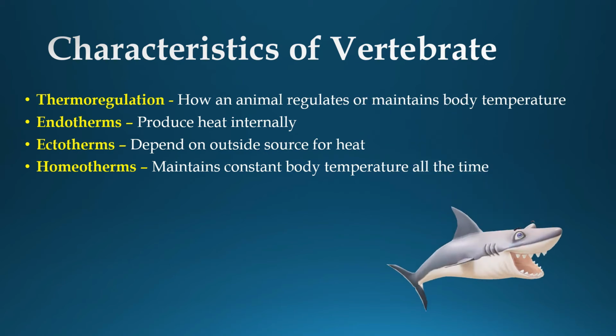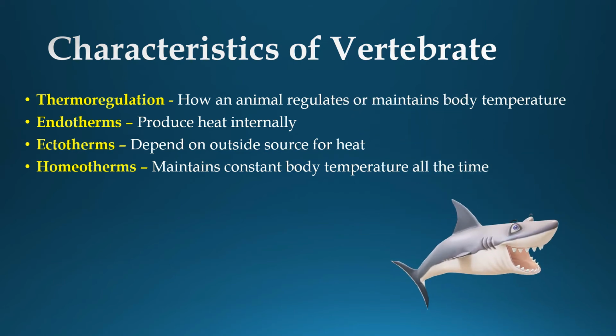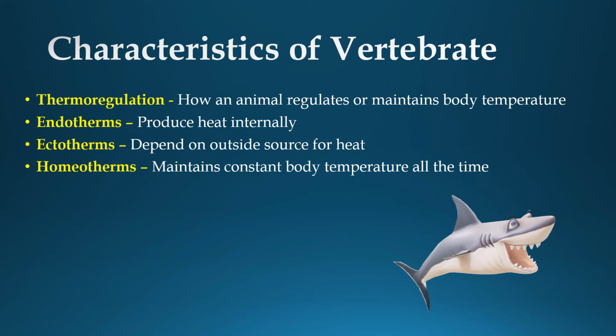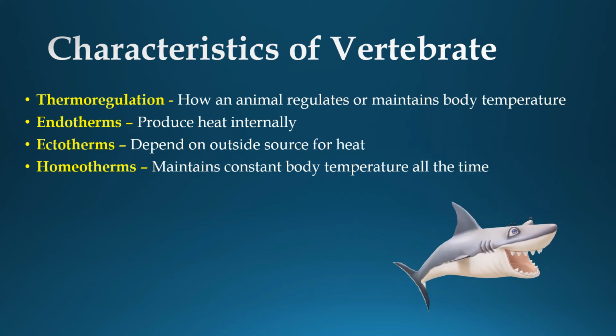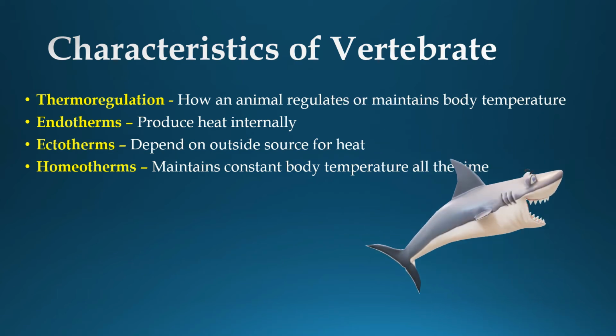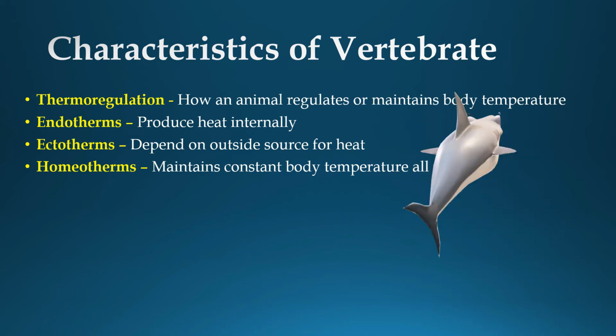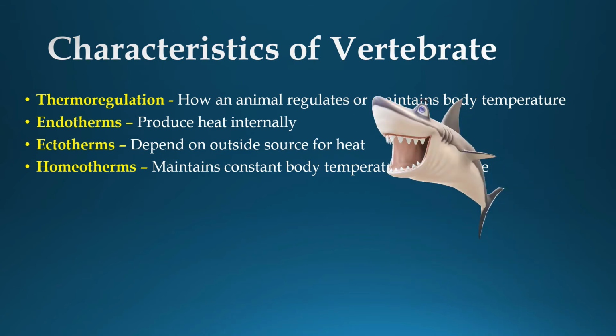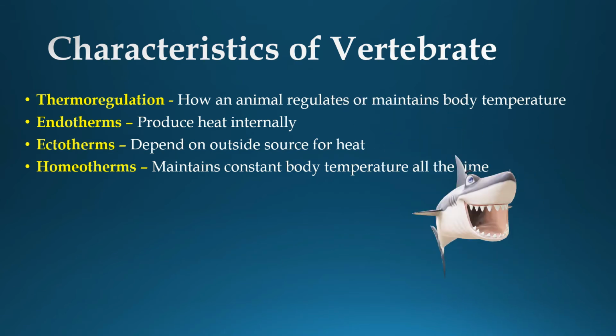Let's see. The endotherms are the animals that produce heat internally. And the ectotherms are the animals that depend on an outside source for heat. And the homeotherms maintain a constant body temperature all the time. The examples for endotherms are birds and mammals.